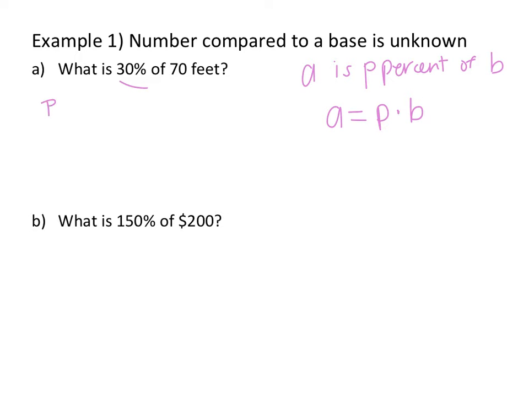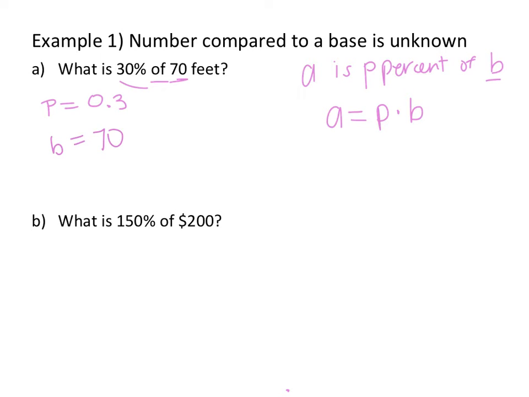My P is actually going to be the numerical equivalent, which is 0.3, moving it 2 times. And of 70 feet. So what is 30% of 70 feet? Once I see this word of, I already know that's going to be my base. So 70 is my B.